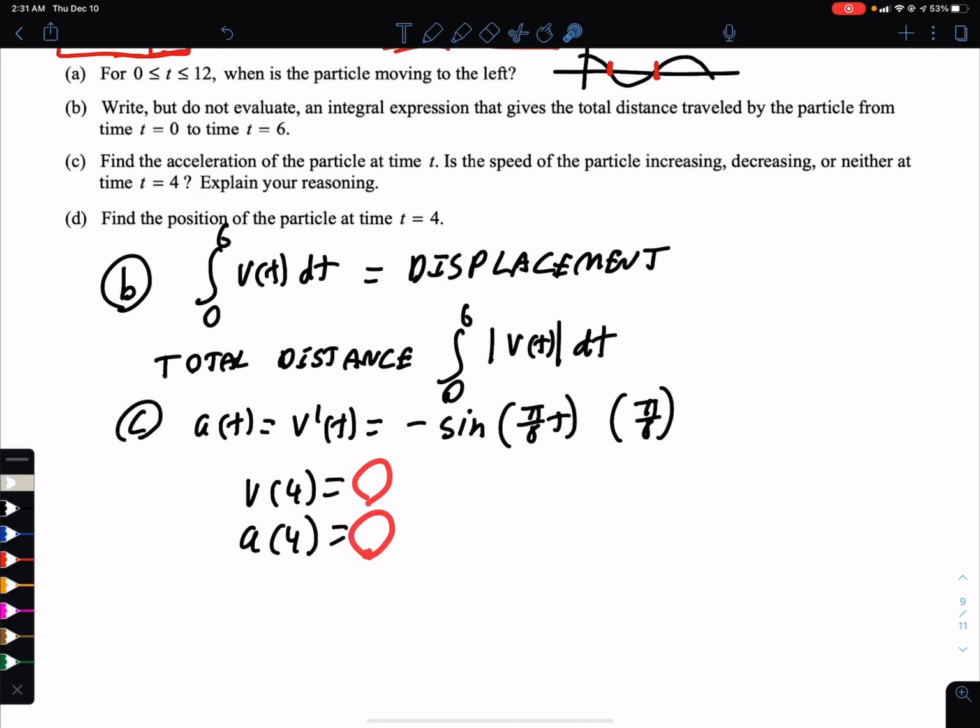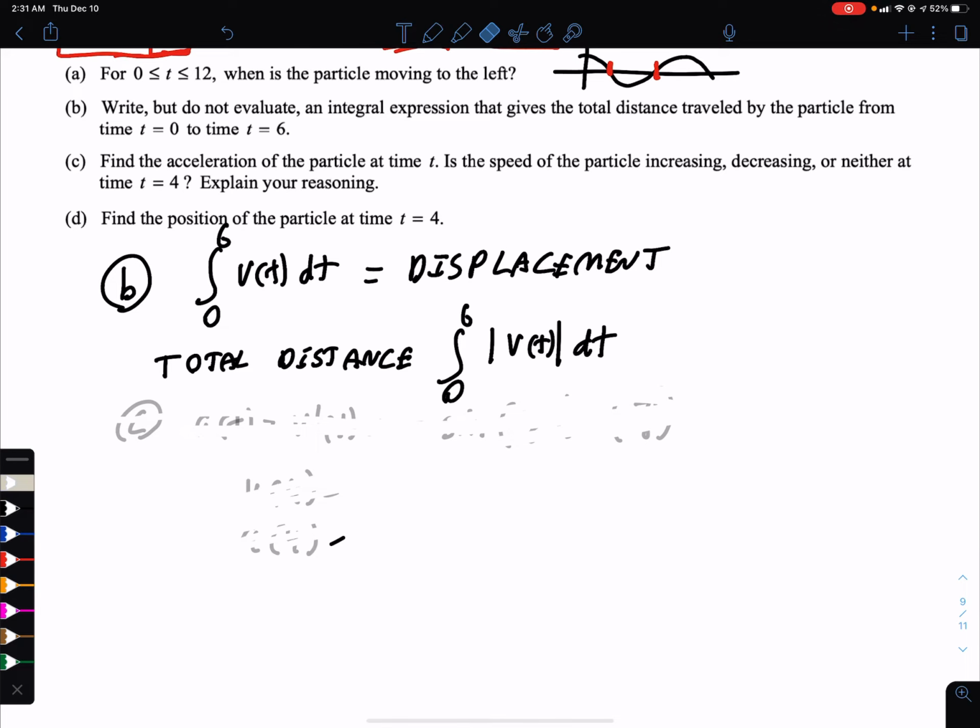That again is review. I want to get to part D because part D is huge. Part D is used all the time on the chapter 5 test. I know this is a long video, but this is hugely important. Part D, they want x at 4, right?